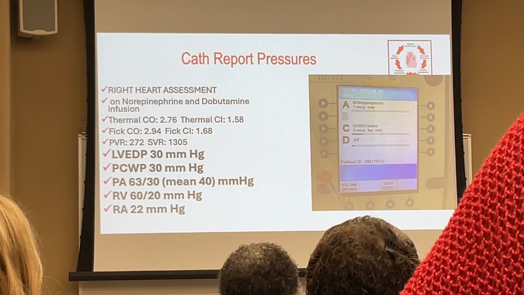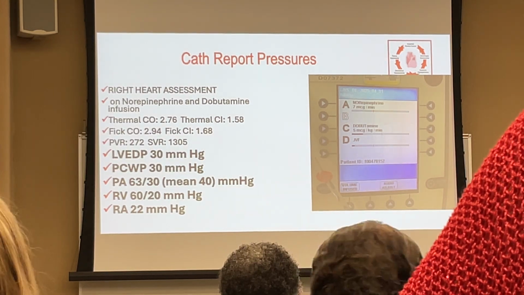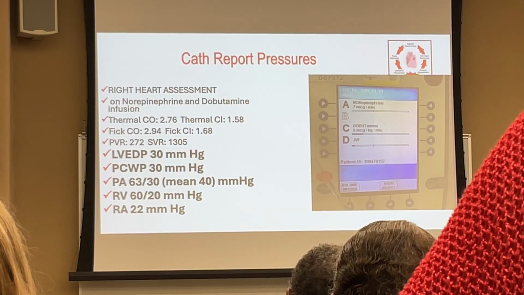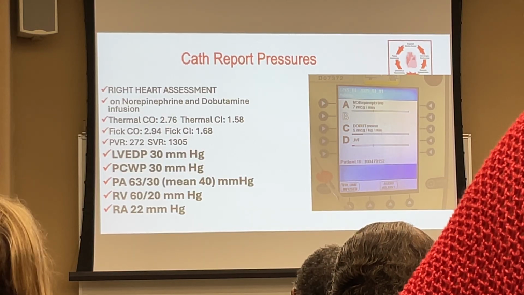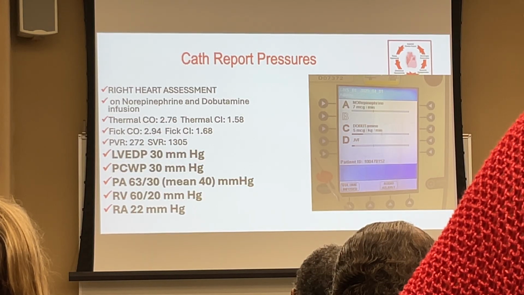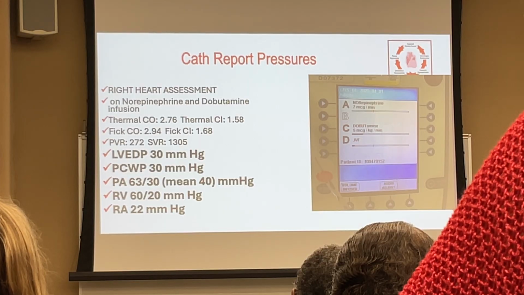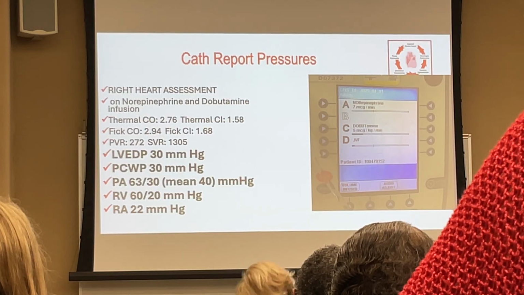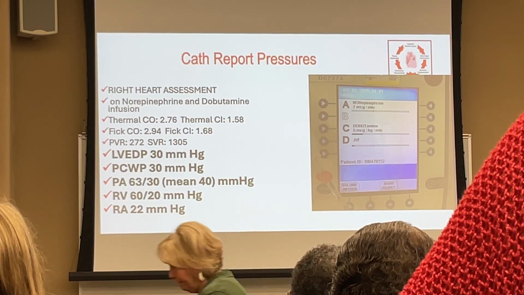Alright, so here's our CAP report on our patient now. He's on norepinephrine, he's on dobutamine, he has a cardiac index that is very low, both by Fick calculation and by thermal dilution. His LVEDP is 30, wedge pressure is 30, PA pressure 63 over 30, normal PA pressure 20 to 30 over 8 to 15, so very high pulmonary artery pressure.